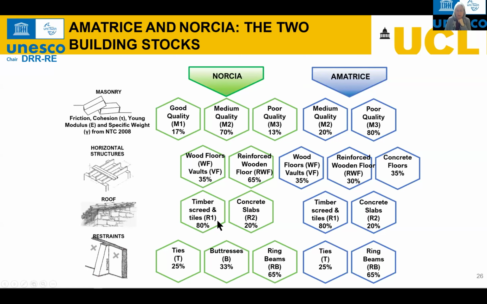We can see here that there were many concrete slabs also in terms of roof in Amatrice, but also, again, very importantly, no buttresses in Amatrice, but a large number of ring beams.